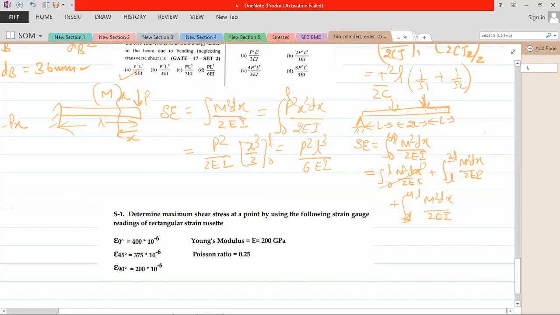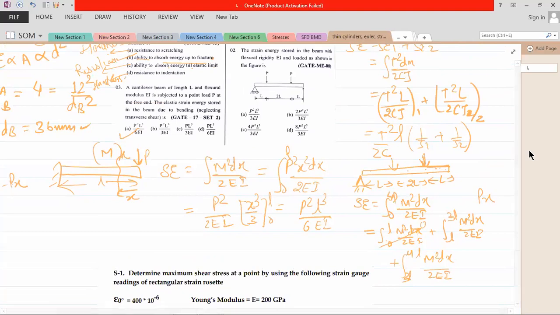For the next region M is P into x, only the P force is acting here, and here also it is P into x.